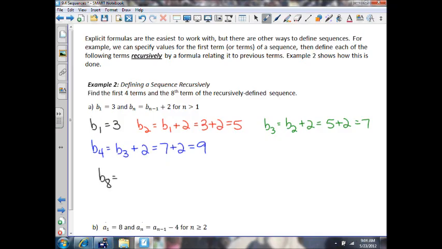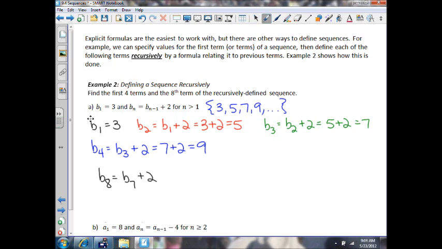Now, if we have to find the 8th term, b sub 8, that will really be our b sub 7 term plus 2. But what we really need to do, if you notice, the sequence goes 3, 5, 7, 9, like this. So it's going up by 2 each time.